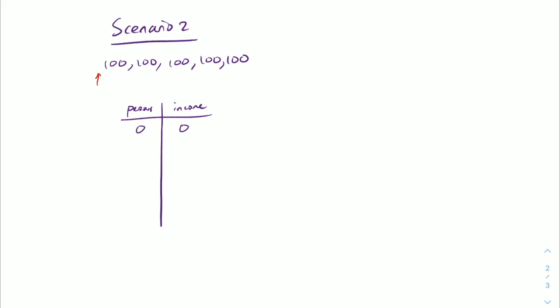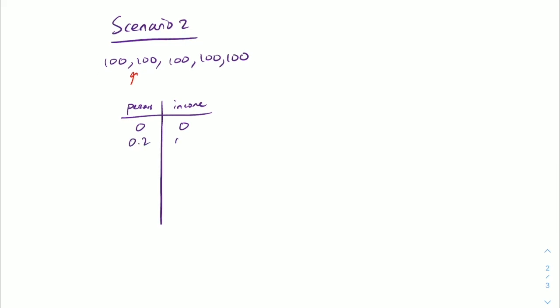And then when we've gone 1 over, we've gained 20% of the persons and also 20% of the income. 100,000 out of 500,000 is 20%. And each time we go over, we gain 20% more of the income and 20% more of the persons. So this Lorenz curve is going to be really simple.